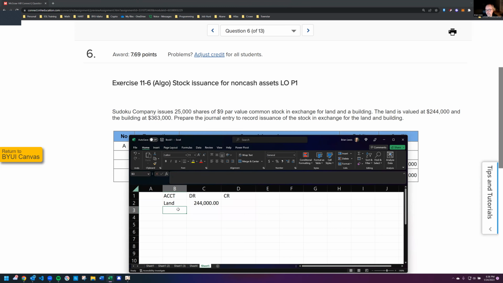And we also know we got a building in this exchange. And that's 363. So we exchanged it for common stock.